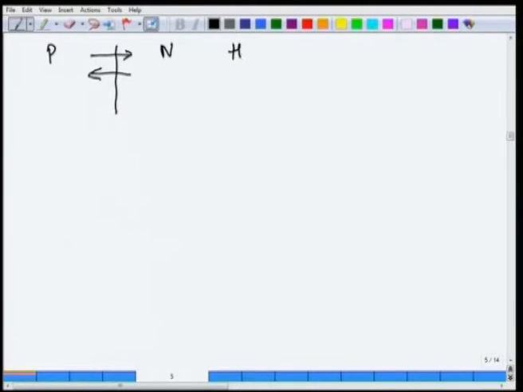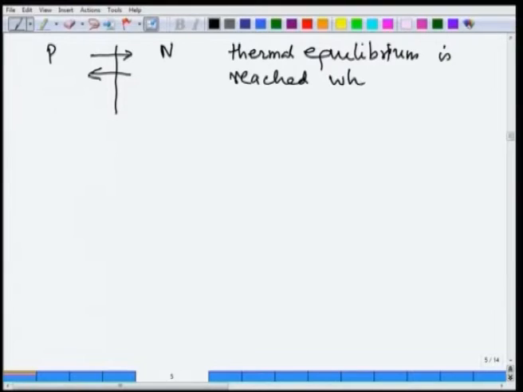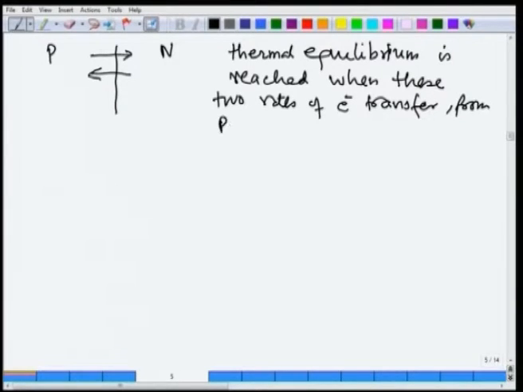Thermal equilibrium is reached when these two rates of electron transfer, from p to n and n to p, are equal. So let us look at this condition as to what will happen.